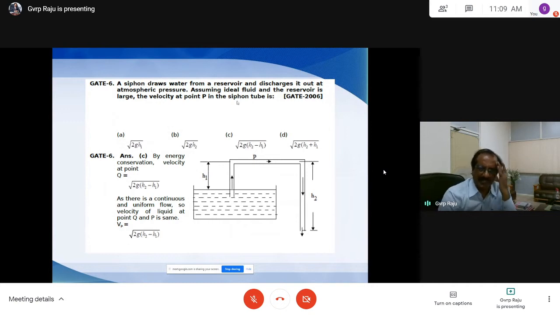Here h is the head difference, so the equation is h2 minus h1. The head is created here, this is h2 and this is h1, which is responsible for creation of h2 minus h1. So V is equal to square root of 2g into (h2 minus h1). We have more discussion on the pipe flow when you go to flow through pipes. Meanwhile, it is square root 2gh, where h is equal to h2 minus h1.